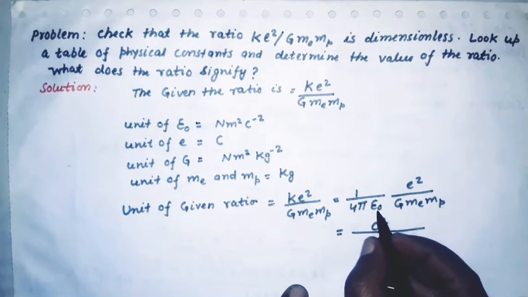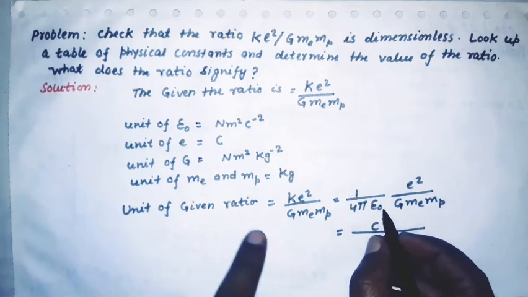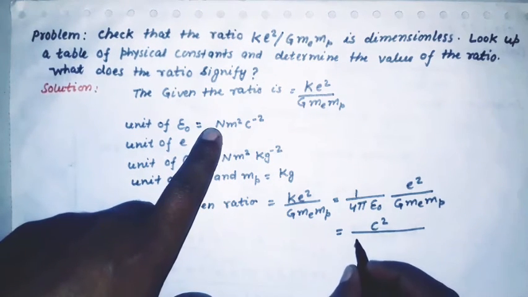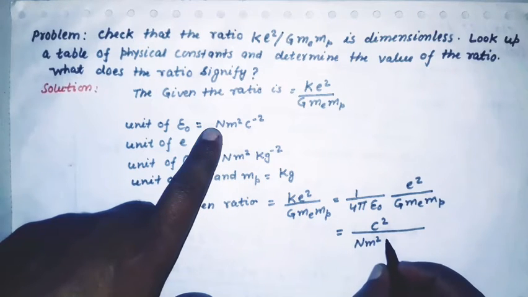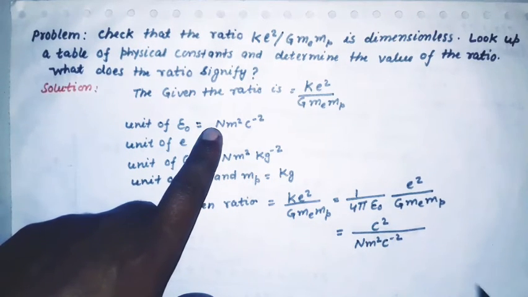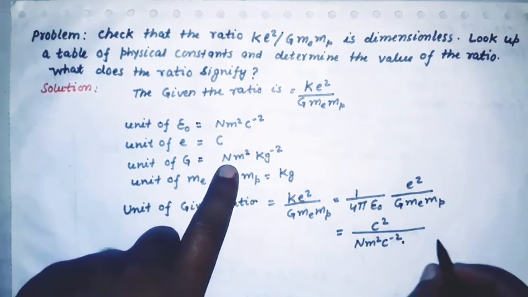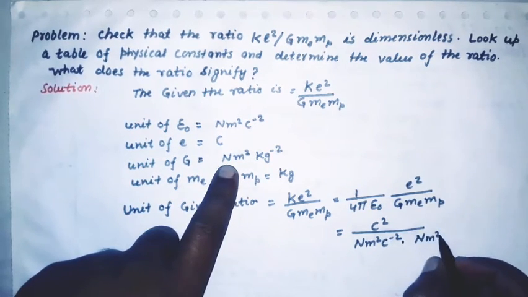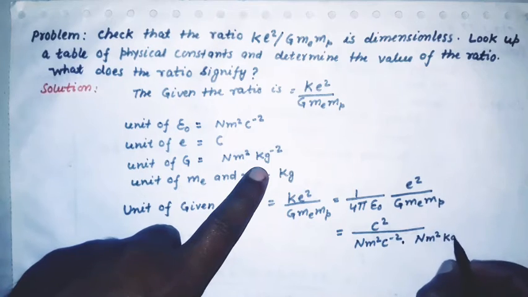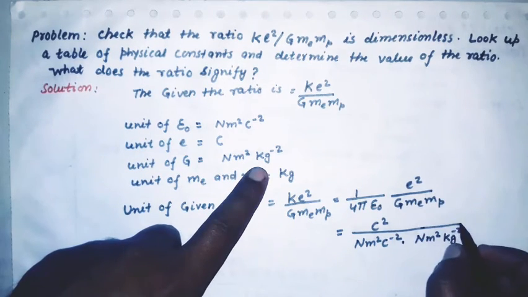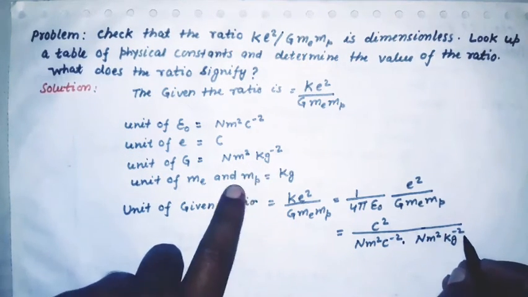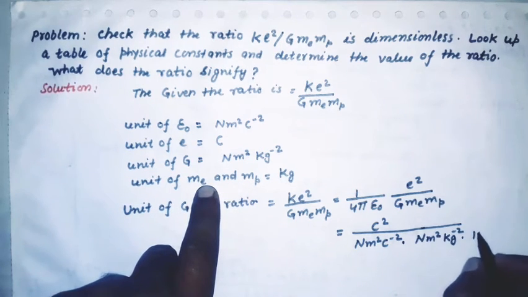Four pi is unitless. Epsilon naught has some unit, this is newton meter square per coulomb square. Into G has some unit, this is newton meter square per kilogram square. Unit of me is kilogram and unit of mp is kilogram square.